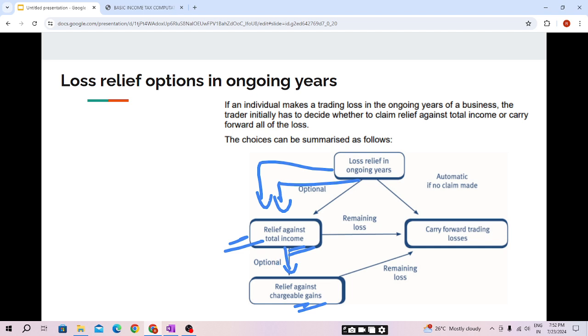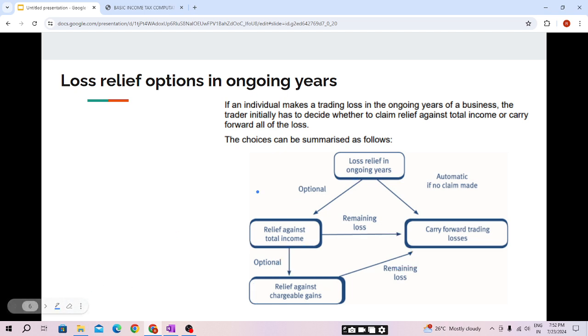Then for the further loss, either he can carry forward or he can choose the option to set off against the chargeable gains. If he carries forward, then the carry forward loss relief will apply. If he chooses to set off against the chargeable gains, then he can set off up to the chargeable gain amount, and if further loss is remaining, then he can carry it forward.